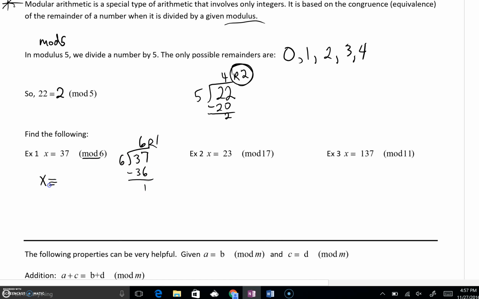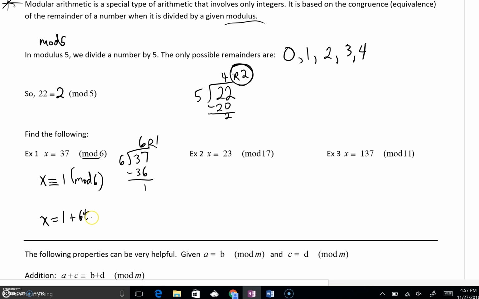We'd say that x is congruent to 1 mod 6. Now, I'm also going to introduce a parametric form for this answer. We could say also that x is equal to 1 plus multiples of 6. We could say plus 6t, where t would just be integers, 0, 1, 2, 3, and so forth.